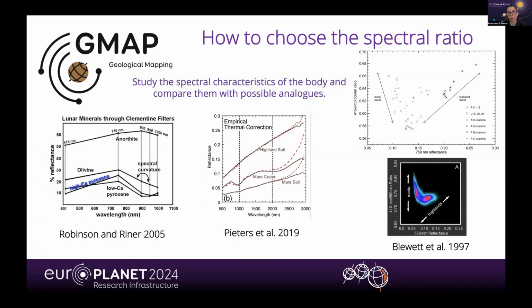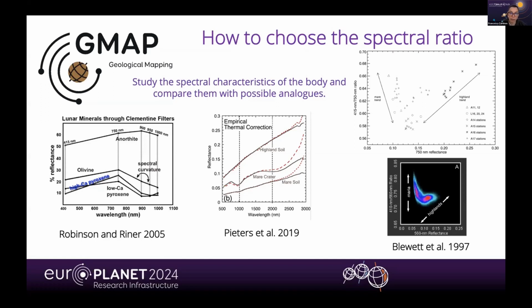The highland, which is mainly featureless and spectrally redder than the others; the Mare crater, which shows the typical band of pyroxenes at 1 and around 2 micron; and then the typical spectrum of the Mare soil, which appears more flat and darker than the others.